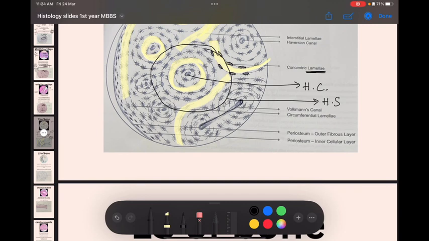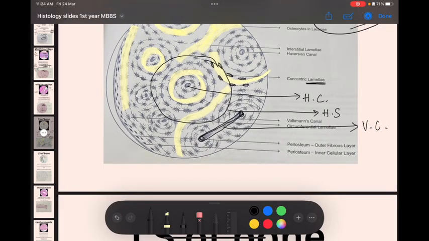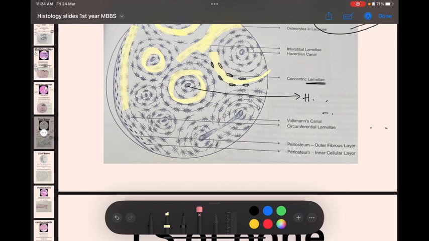There are connecting channels between two Haversian systems, and that is called the Volkmann's canal. Three points. Which are those? Haversian canal. The complete unit is called the Haversian system, and the connecting channels between two Haversian systems or Haversian canals are called the Volkmann's canal. Done. Very easy.